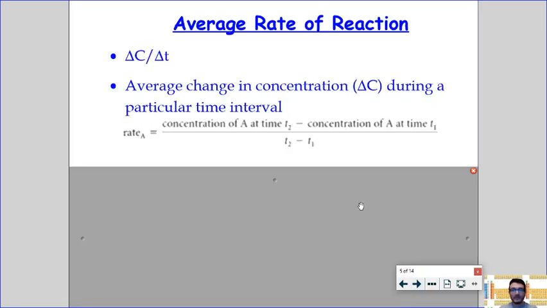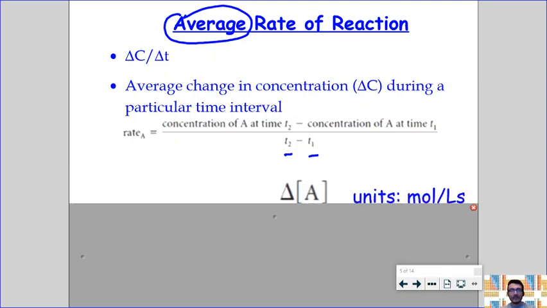Okay, let's get into some math. The average rate of a reaction is not too much of a foreign concept here because it is just an average rate of reaction. It's a difference between two points in time, time 2 and time 1, measuring the concentration of a general compound. Let's just say it's reactant A. So concentration of A at time 2 minus concentration of that same compound at time 1 initially.